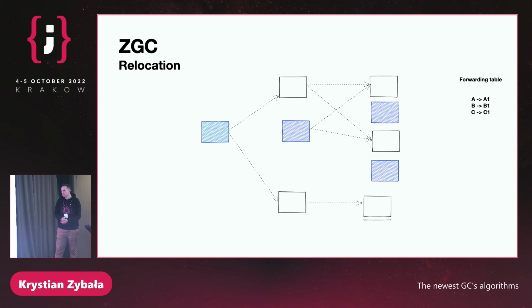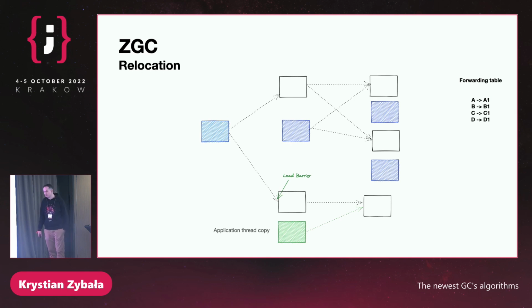Some of the objects are created and allocated in a different location. This is updated atomically, so there is no concurrency race and so on. But of course, we have a situation when the application goes to a particular object, sees the load barrier, and the application thread copies this object, moves the object to the new location and updates the reference.